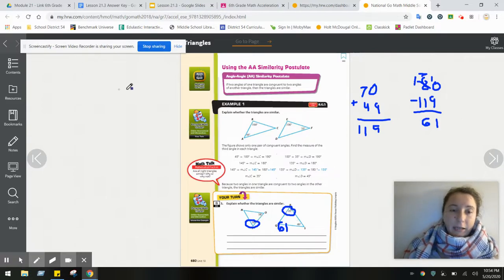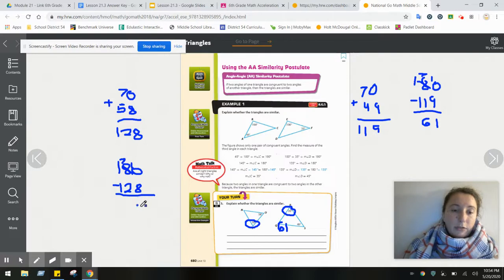If 70 plus 58 gets me the total of the two angles that I do know together, that is going to be 128. Now I can take away 128 from 180 in order to figure out the missing angle. So I will borrow: 10 minus 8 is 2, 7 minus 2 is 5.